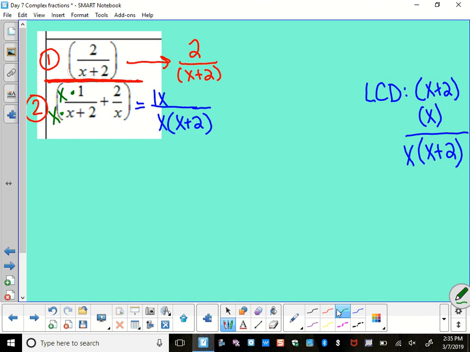All right, look at 2 divided by x. I have x from my old denominator. What am I missing from the new one? Not just the 2, the x plus 2. So I'm going to multiply times x plus 2.